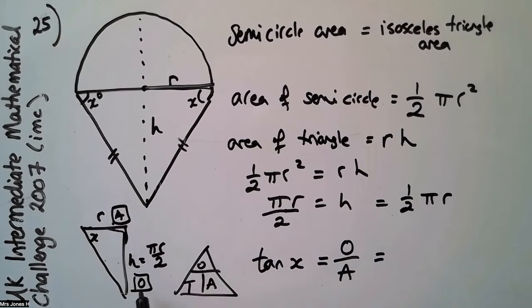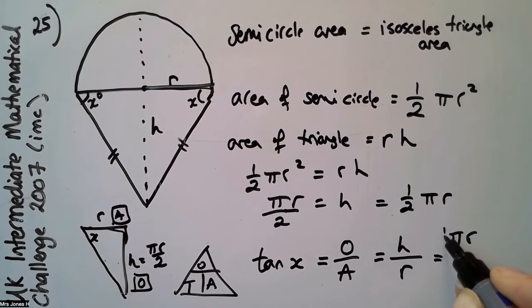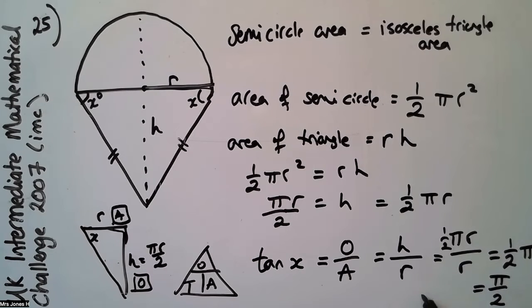Now the opposite is your h and the adjacent is your r, but we're going to put half pi r in here, divided by r, and yes, look, those r's are going to cancel out. So they're going to divide to 1, so we're just left with a half pi, which is also written as pi over 2, and therefore the answer is E.